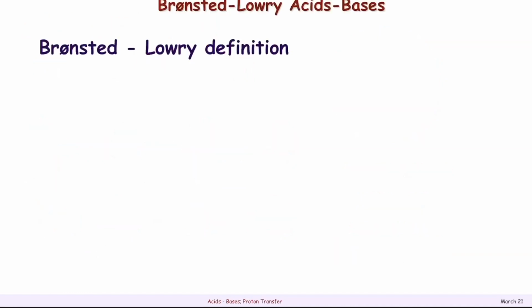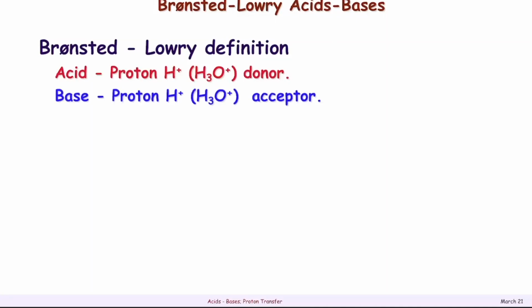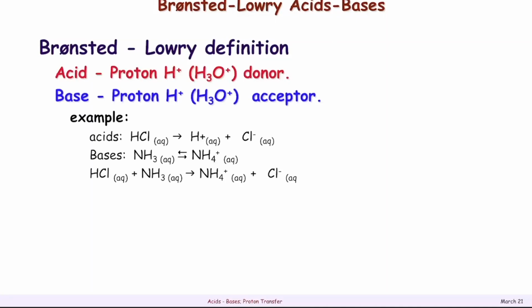What you will find out is now we're going to the Lowry-Brønsted definition of acids and bases. And again, this is going to be more general in the context of acid-base chemistry. The Arrhenius definition was simply increasing hydrogen ion concentration and increasing hydroxide ion concentration. Now we're looking at proton donor, proton acceptor, and here are some examples.